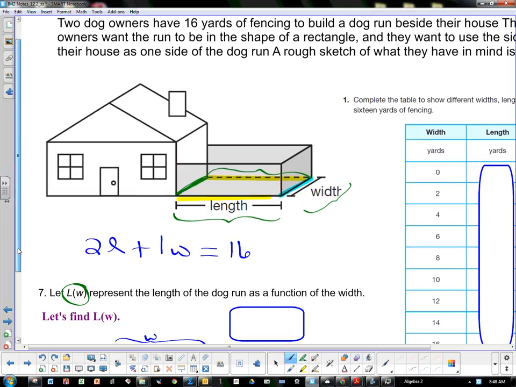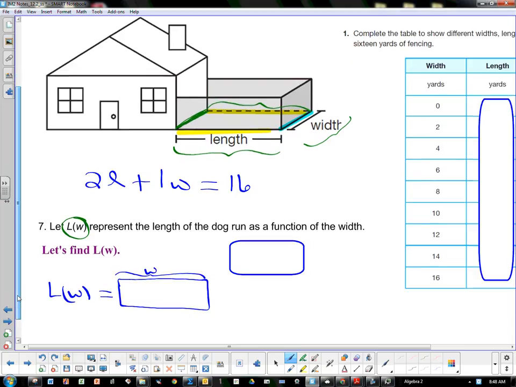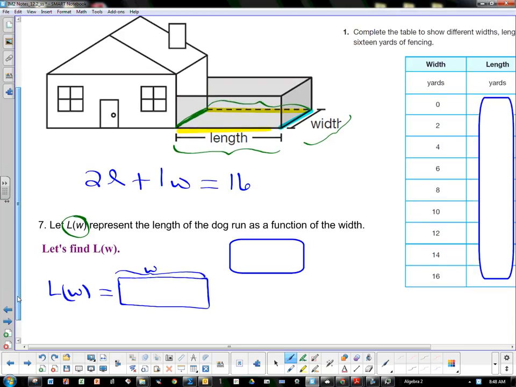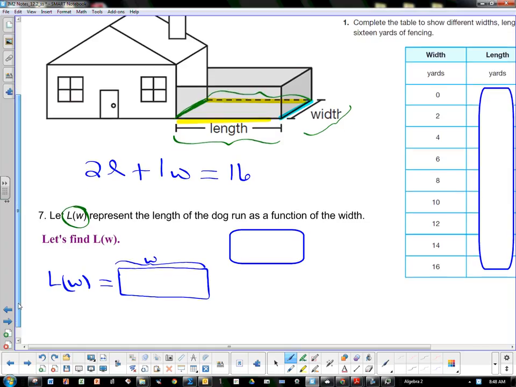But folks, they want the function written in terms of W, so they want the L all by itself. Do you think you can figure out what to do there? Go ahead, what would you do? Subtract 2L, yes. If you subtract 2L, I'm going to bring my work right down here now.